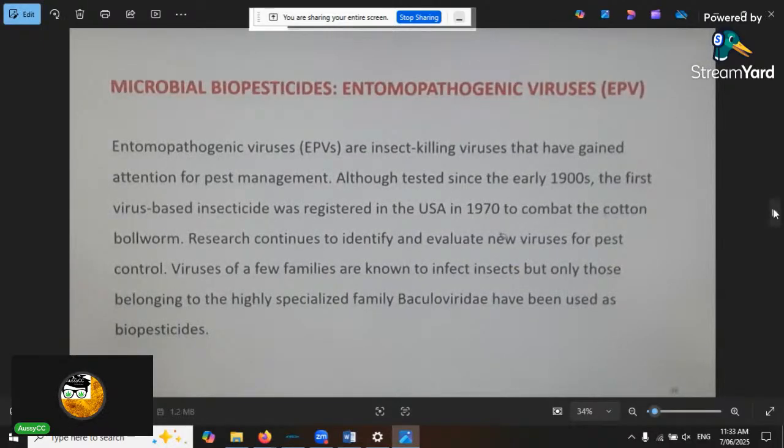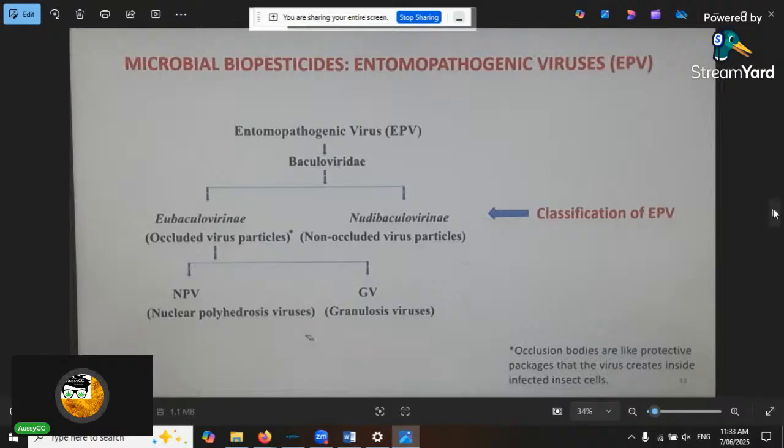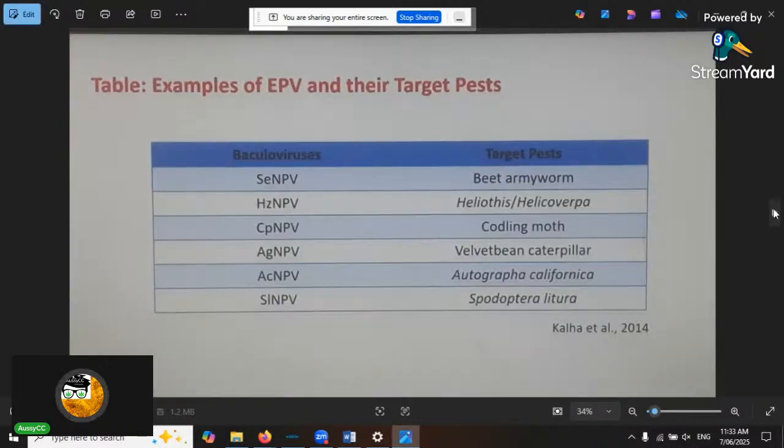Entomopathogenic viruses. It's another way of attacking a crop. If you've got a very expensive crop, this is an option that the horticulturist can take. Examples of viruses to beat different insects. So you might go, if I order SeNPV, because I've got beet armyworm, I know that will work.